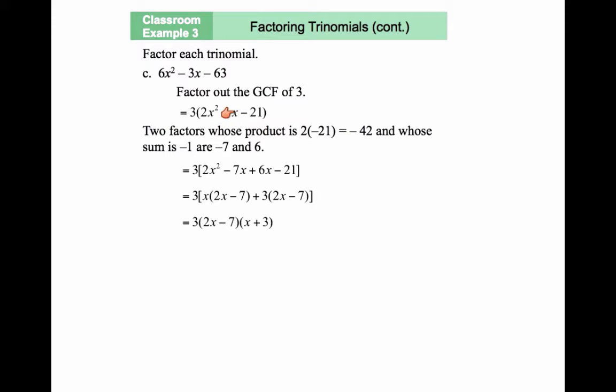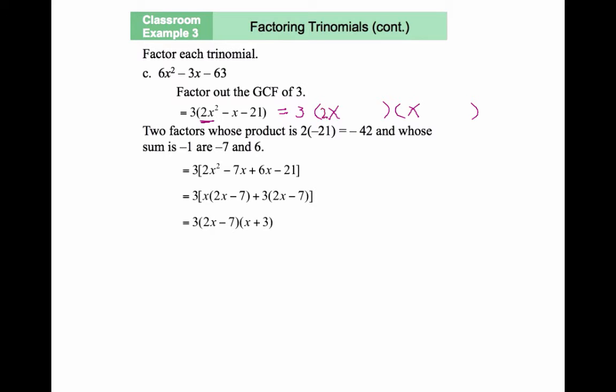So now we can factor this. We want to factor completely. We can again use the method that we learned earlier, or we can use the trial and error method. We can open two parentheses here for factoring this. You look at the first term. This is 2x squared. Well, x squared would be x and x.